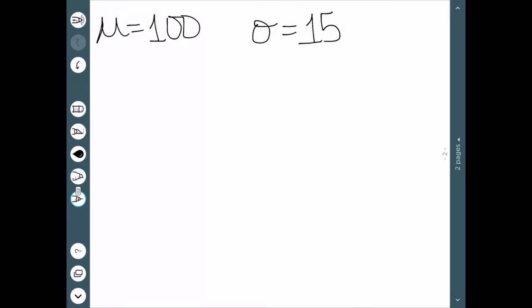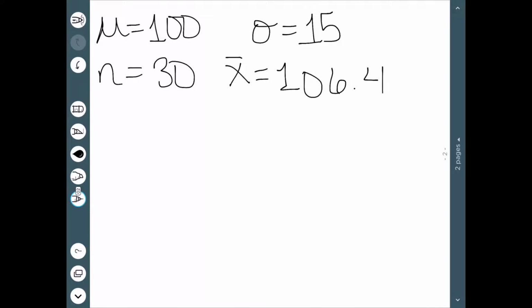And in order to do that, they take a random sample of 30 students and compute their average IQ and get 106.4. And we want to test this claim at alpha equal to 0.05. So we want to know if these students do actually have a higher than normal IQ.